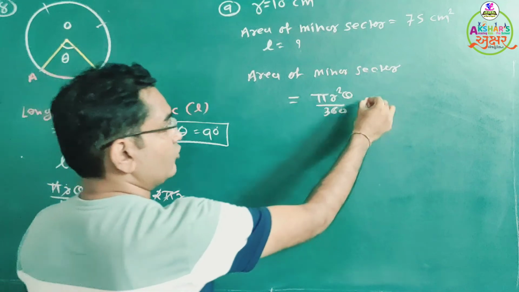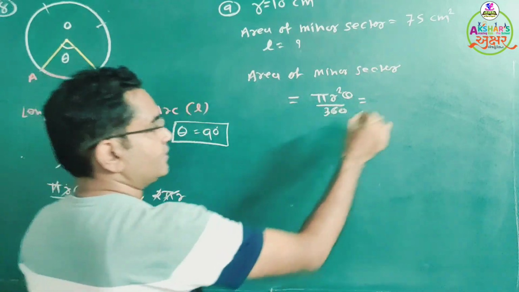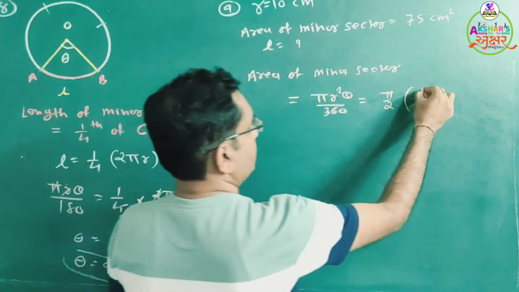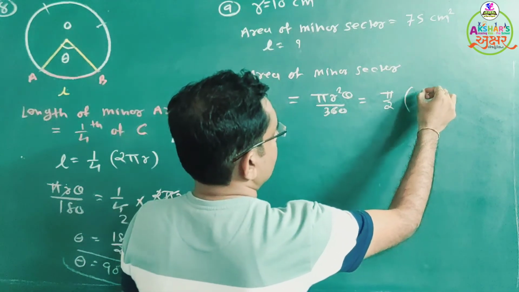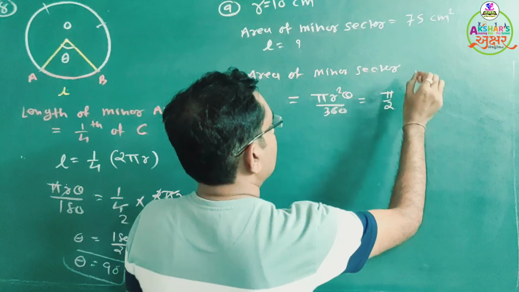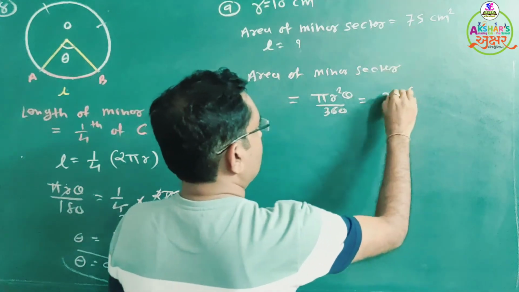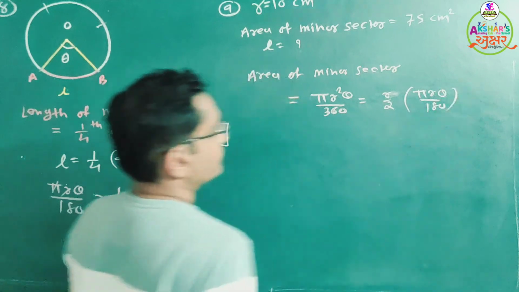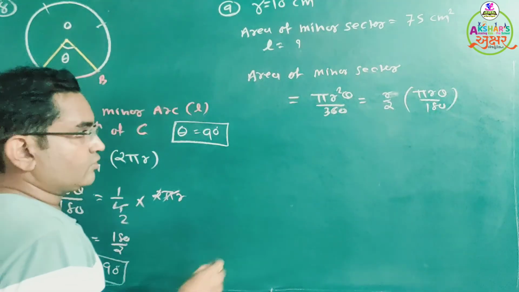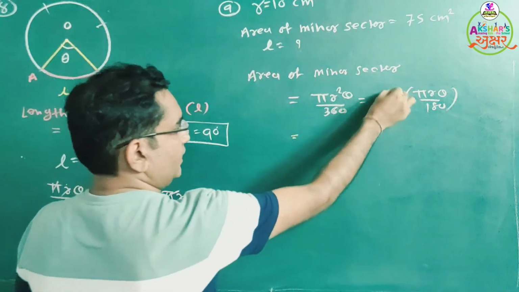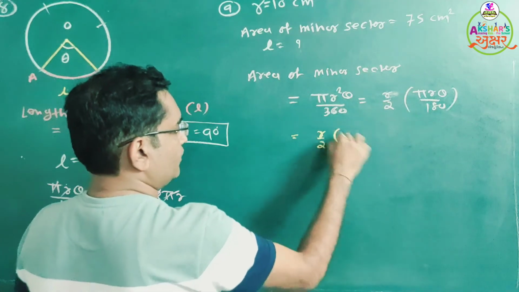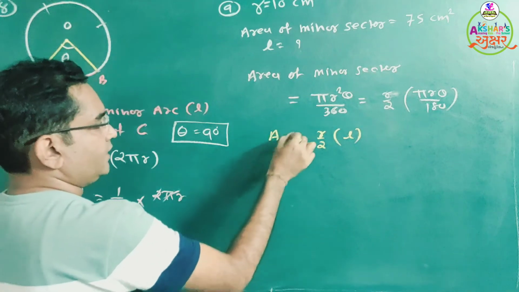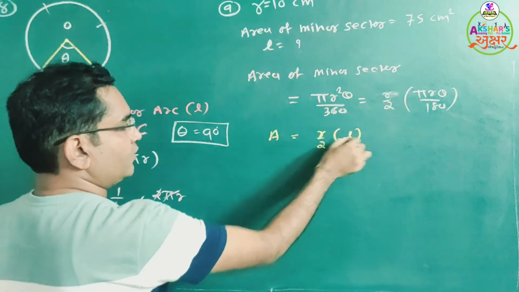Also we are making use of one derived formula, that is π by 2 common ले लो, r common ले लो, r by 2 common ले लो, so it's πrθ upon 180. Done, r common ले लिया, so this one is r by 2 and this is nothing but the length of minor arc. Done. So here area of minor sector equal to radius by 2 into L.